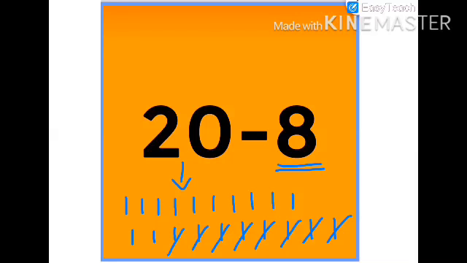Now let us count how many sticks we are left with. 1, 2, 3, 4, 5, 6, 7, 8, 9, 10, 11, 12. So 20 minus 8 is 12. When we take away 8 from 20, we get the answer 12.